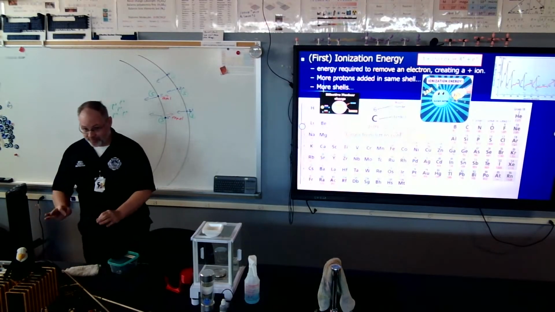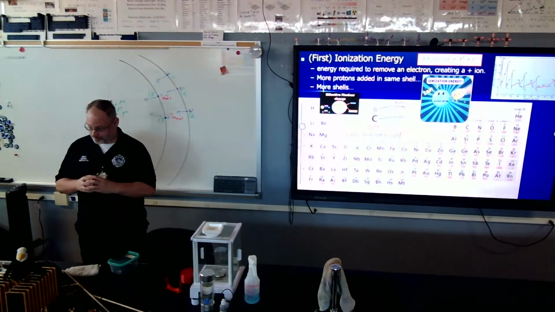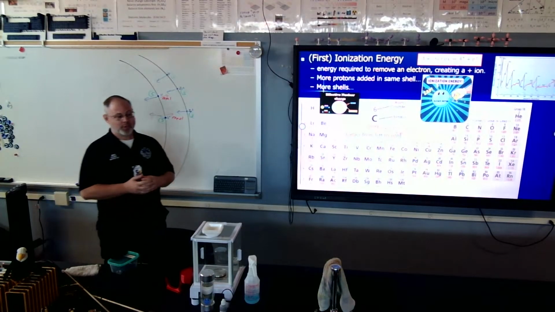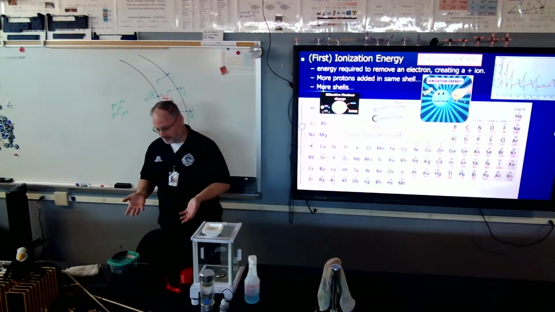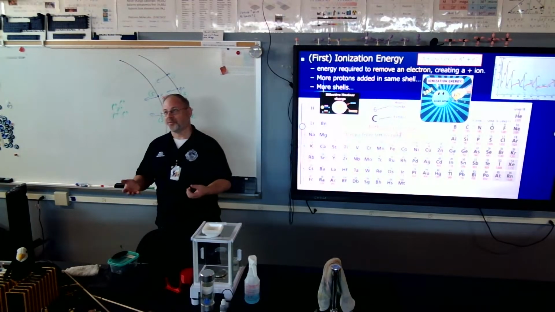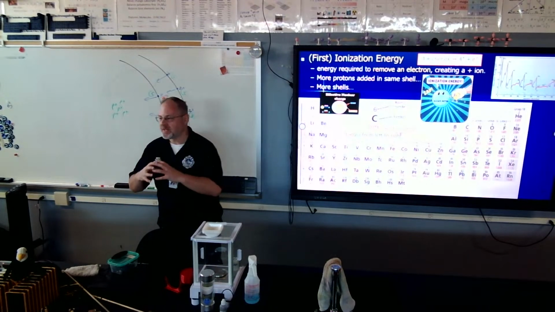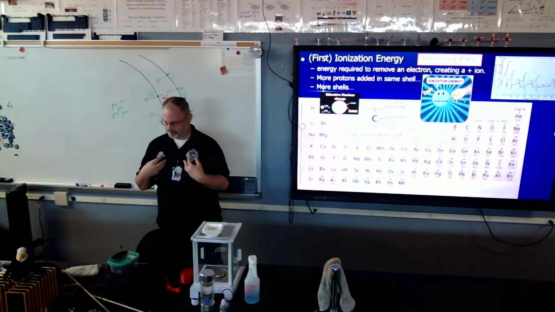Some materials have a very strong attraction for electrons. Some materials have a very loose attraction for electrons. So things like rubber have lots of places for the electrons to be in the material, so they take electrons very, very easily.